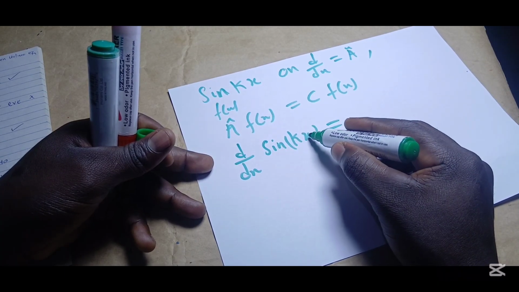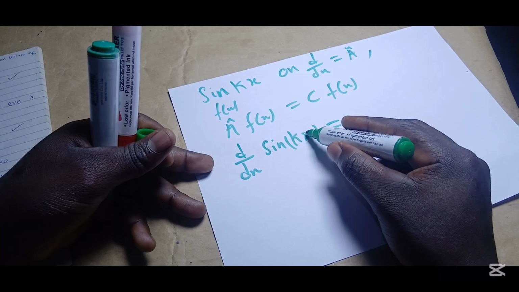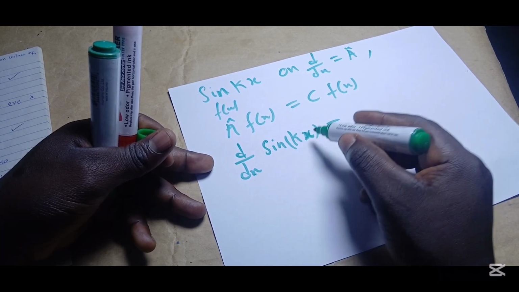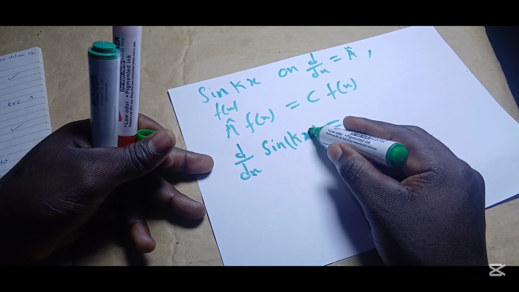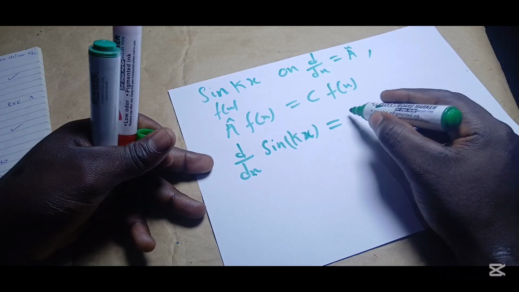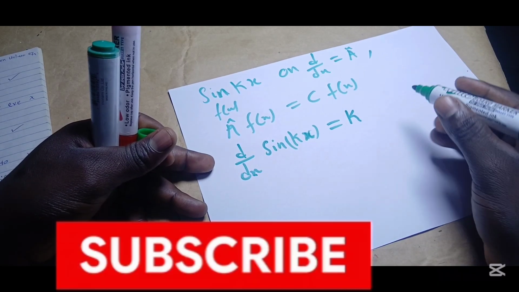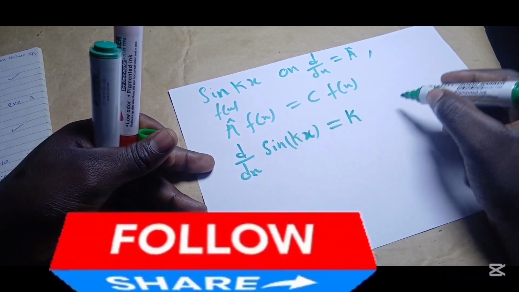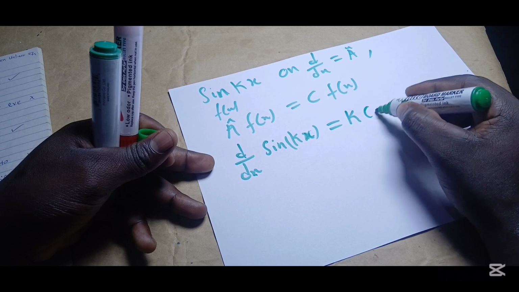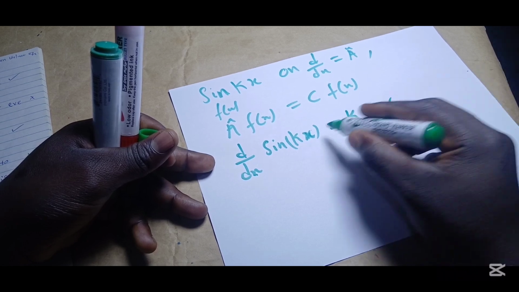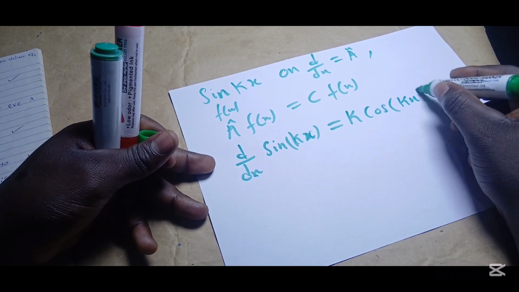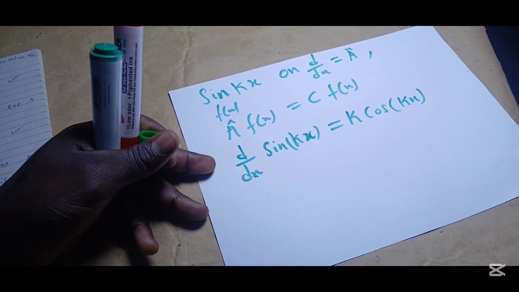Since we are differentiating with respect to x, differentiating x gives 1 multiplied by k, so we get k. Then differentiating the sine gives cos of kx. So now we are done.